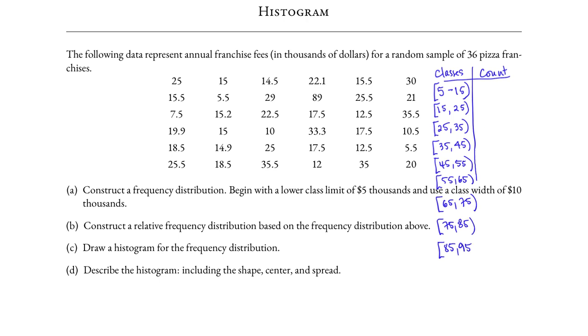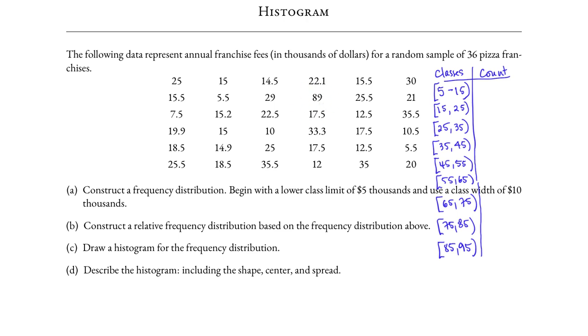Before we construct the table, we might first examine the data to see which number is the minimum and which number is the maximum. That means we're going to go through the list to see what the smallest number is and what the largest number is. In this case, it seems that the smallest number is 5.5 and the largest number is 89.